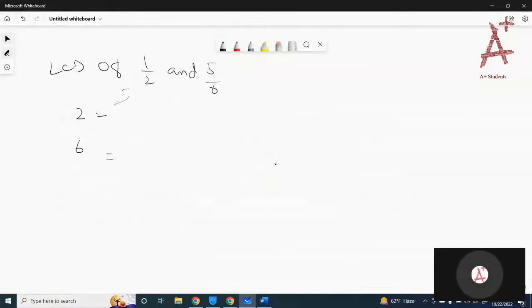For 2 it would be 2 times 1, and for 6 it would be 2 times 3. Got it? So here the common number is 2 and the other numbers are 3 and 1. So just do 2 times 3. You always write the common multiple just once. So the rest of the multiples are 3 and 1. So 2 times 3 is 6 and 6 times 1 is 6. So that means the least common multiple of both the numbers is 6. Got it?